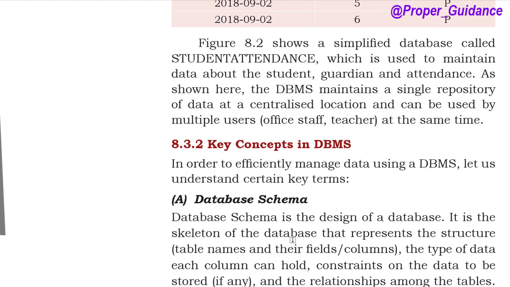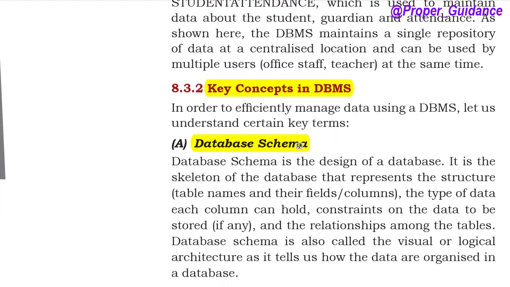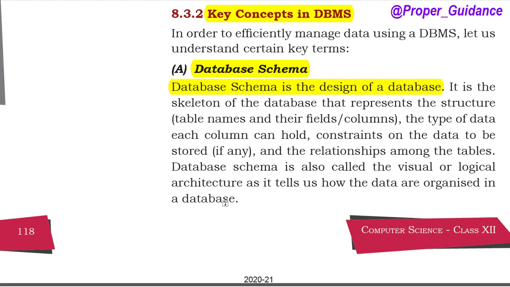Key concepts in database. Now we read about key concepts in database. In order to efficiently manage data using a DBMS, let us understand certain key terms. First, database schema. Database schema is the design of a database. It is the skeleton of the database that represents the structure.